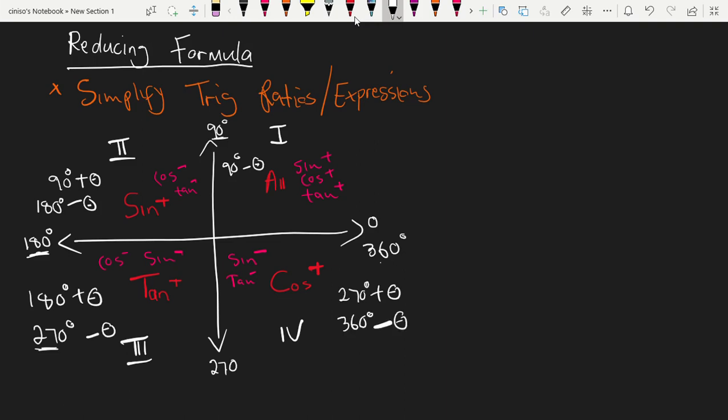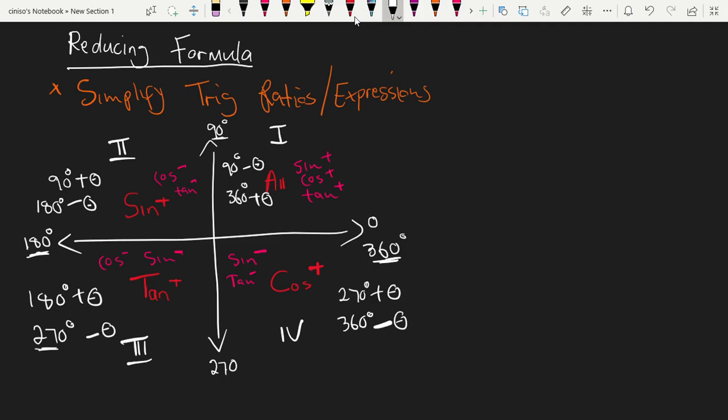So angles between 360 and 270 lie in the fourth quadrant. And going lastly to the first quadrant, we have 360 here. 360 can also overlap. So if we're going to add a theta from this 360, we will have 360 degrees plus theta.